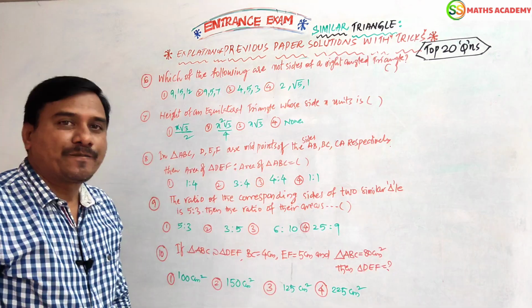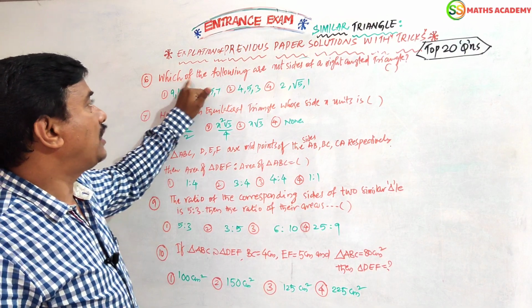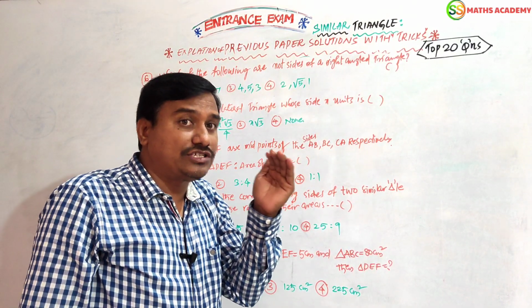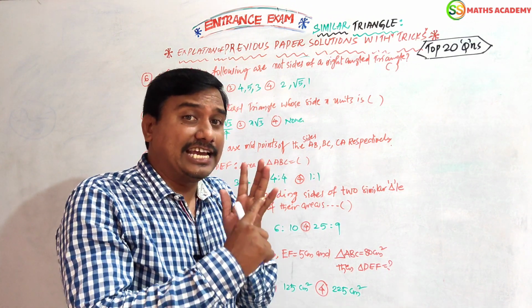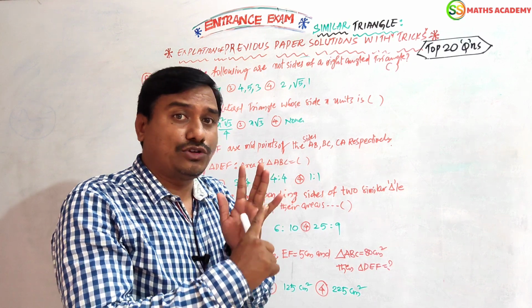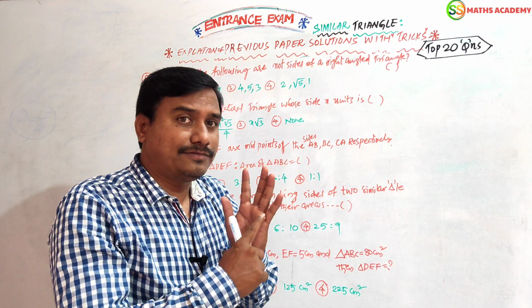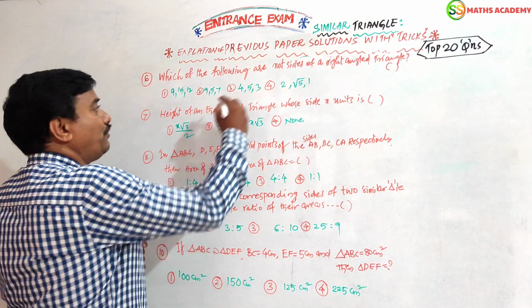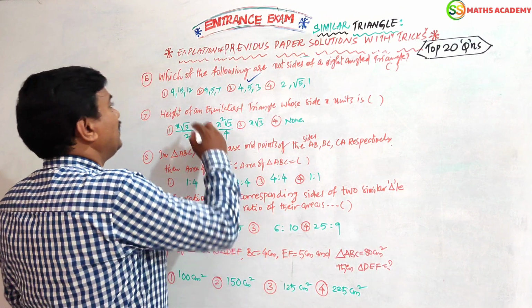Am I right? See friends, here the 6th question: which of the following are not sides of a right angle triangle? Just now in the 5th question I told you, 3, 4, 5, right? 6, 8, 10, right? 7, 24, 25, right? Next 5, 12, 13, right? These are called Pythagorean triplets. In this, 3, 4, 5 is there. It is a 100% right angle triangle it can form.